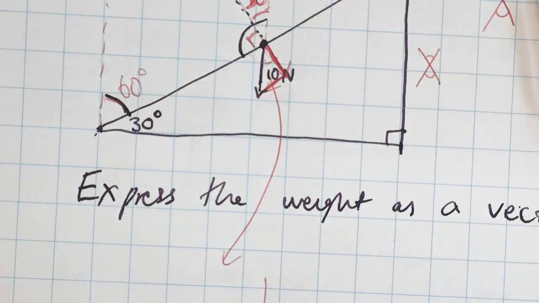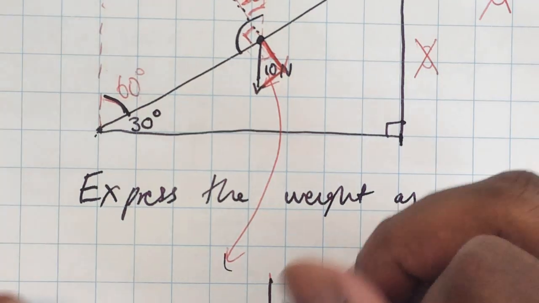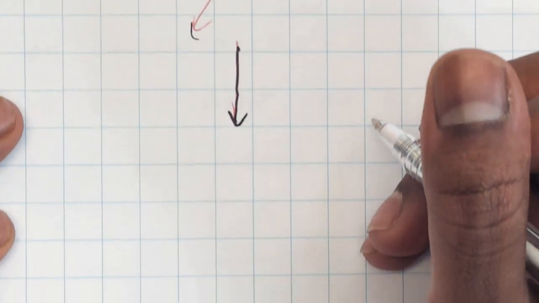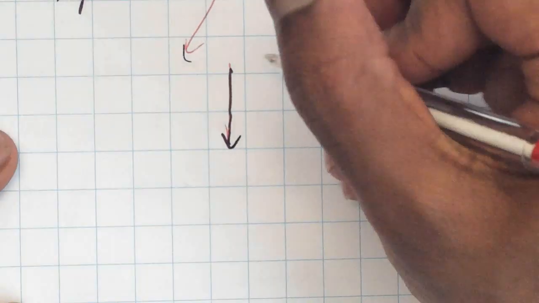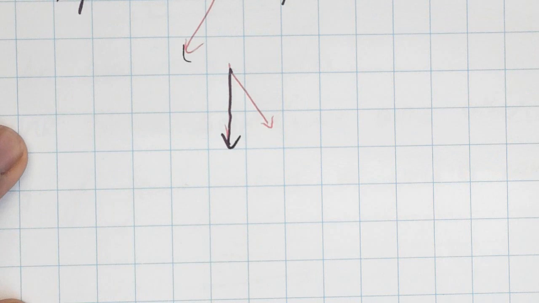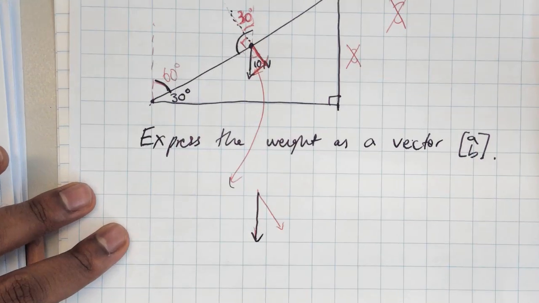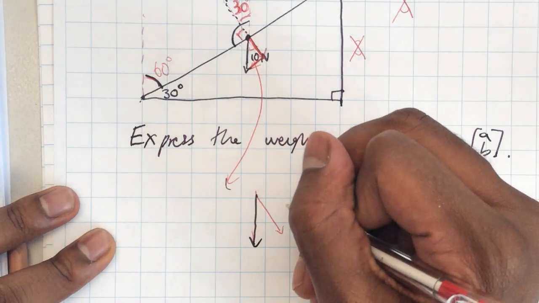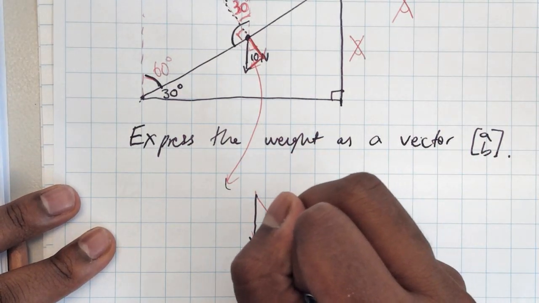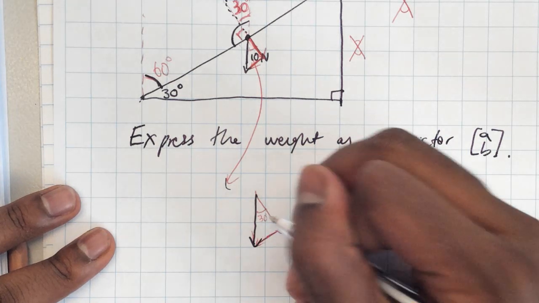So let's take this out and let's draw it properly. There's my weight. There's my J component. This is my I component, and I know that this angle there is 30.